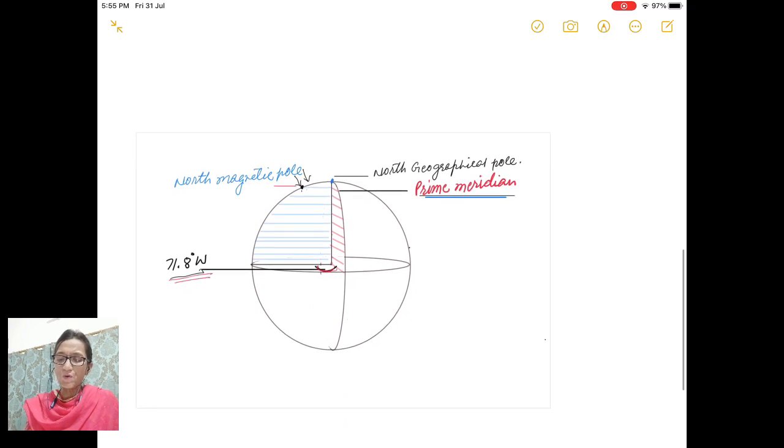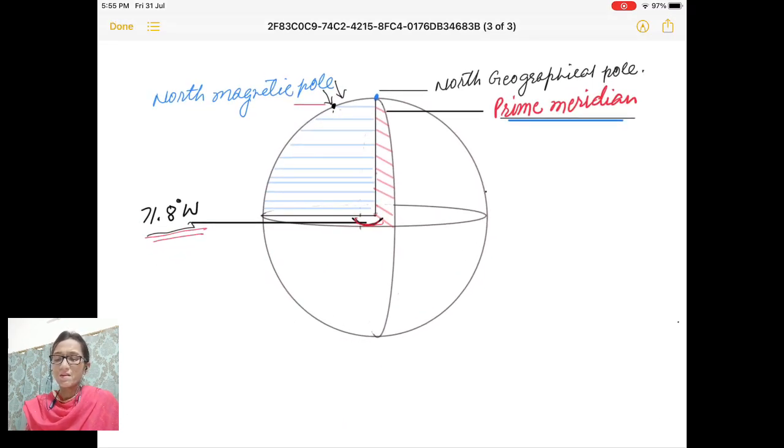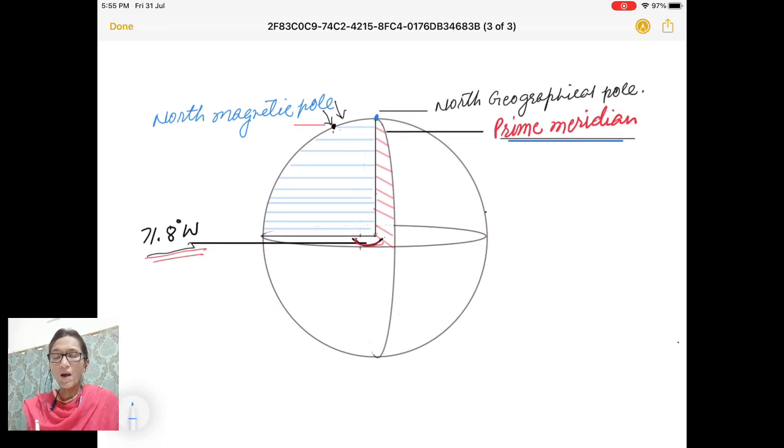And if you draw vertical circles, not horizontal, here you can see we have vertical circles, then the angle made between two vertical circles, one which is passing through the prime meridian and the other which is passing through the north magnetic pole.